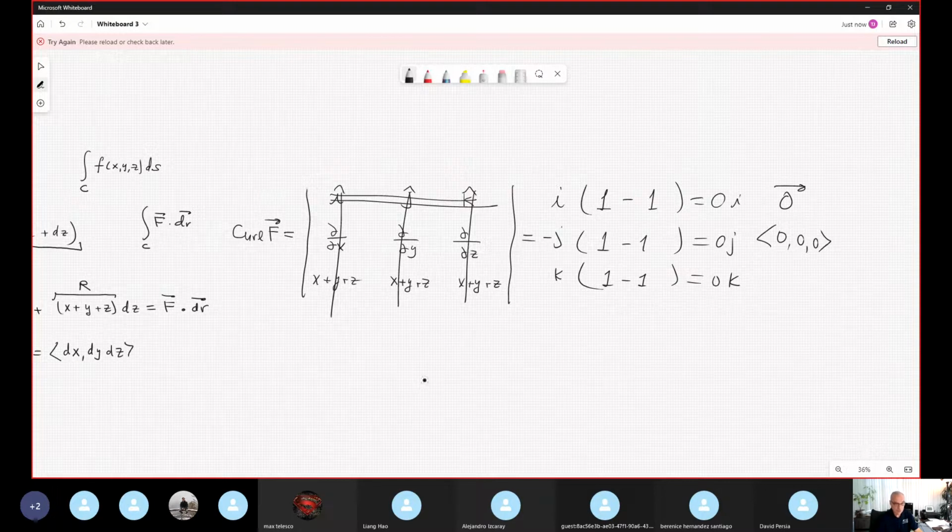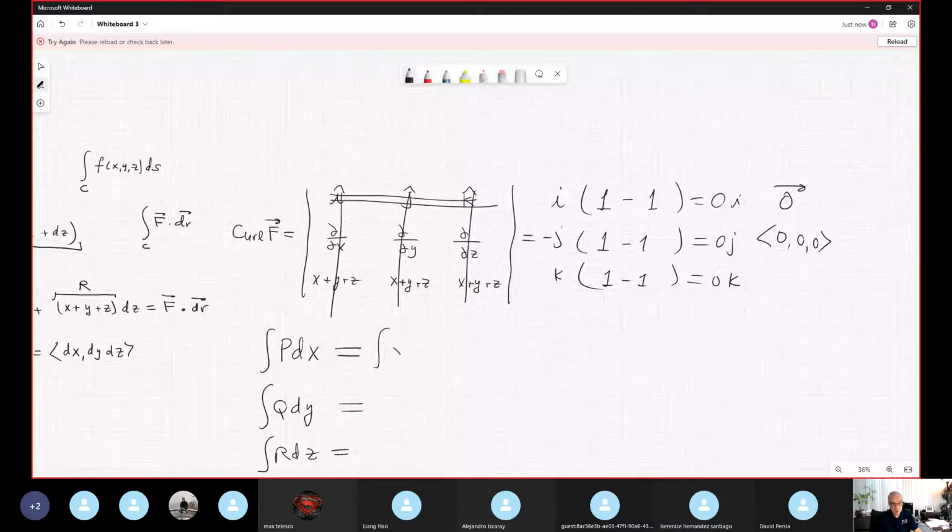And for the potential function, you compute 3 antiderivatives. Actually, it's the same P, Q, R. It's a coincidence in this problem, it doesn't always happen.